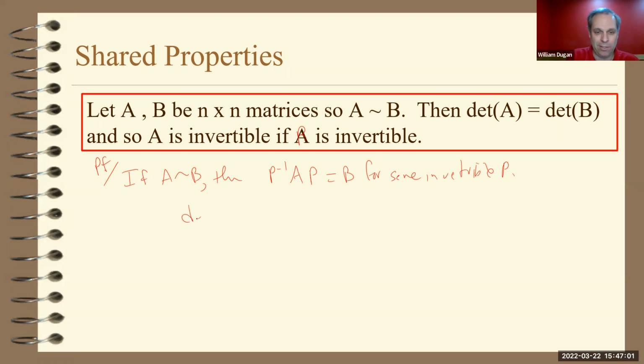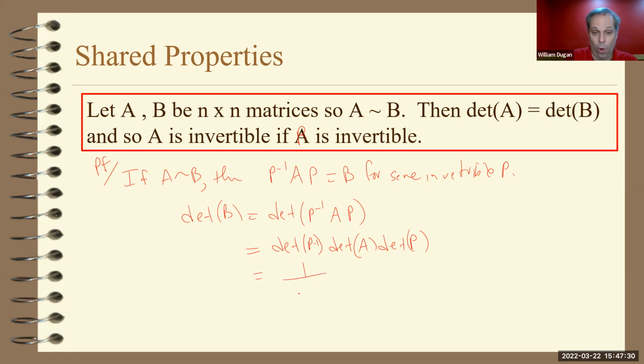But then just take determinants. So the determinant of B would then equal the determinant of P inverse times A times P. But one of the properties of determinants is that it can distribute through matrix multiplication. So that's then the determinant of P inverse times the determinant of A times the determinant of P. But we know how to find the determinant of P inverse.